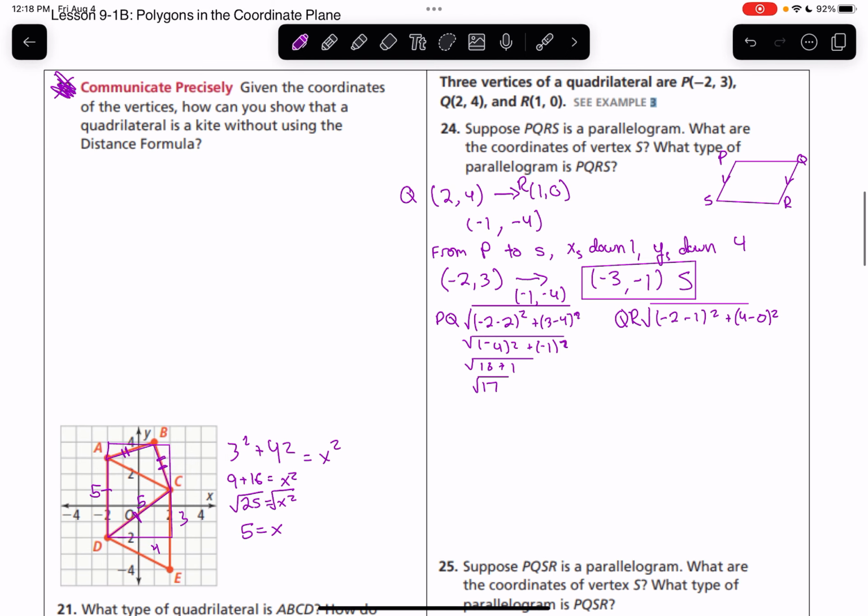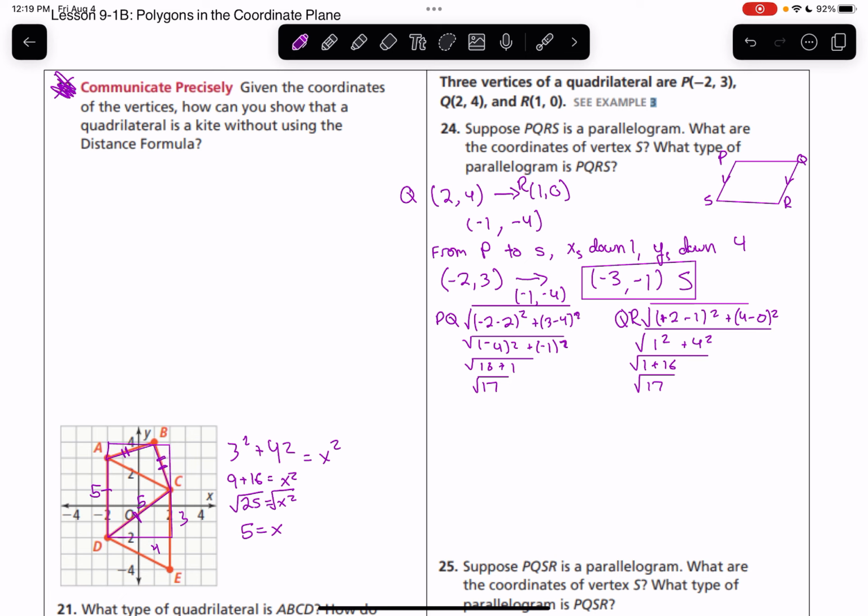Because the x value for Q is +2, so this is a +2 minus 1. So that's going to give us the square root of 1 squared plus 4 squared, which is going to be the square root of 1 plus 16, which gives us the square root of 17.